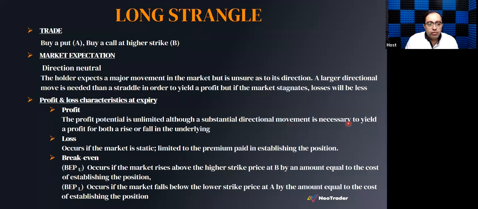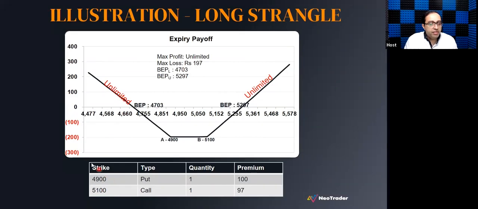So when you're going to go for a long strangle, what you do is you identify a particular range. If you see here, we are identifying a particular range and we are saying that as long as the market remains in this range, there is absolutely no problem.